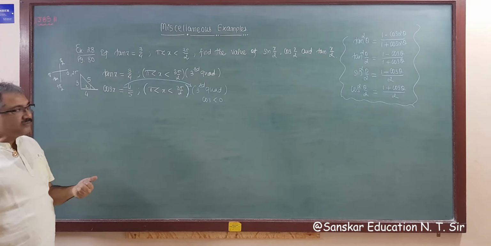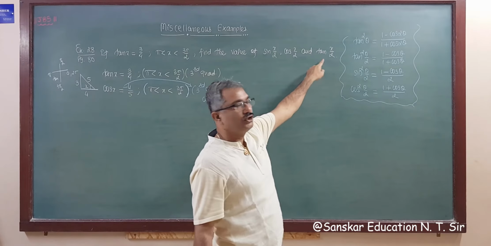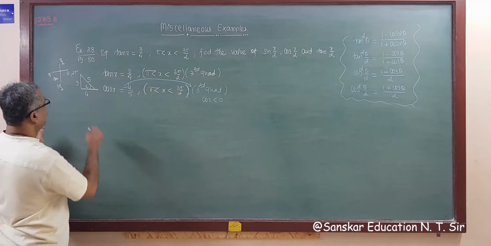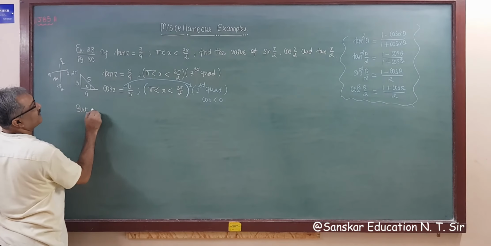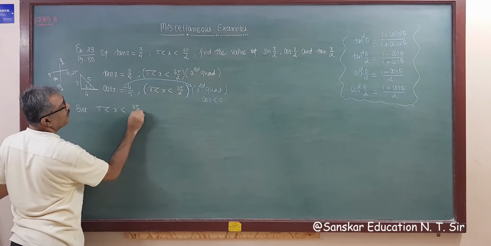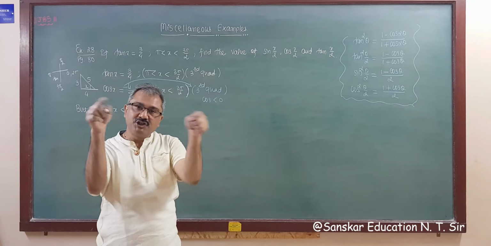Now we have to find out the value of sin x by 2, cos x by 2, and tan x by 2, right? But this is x. It is given that pi is less than x is less than 3 pi by 2. Now we require the half angle, so we have to divide by 2 also.